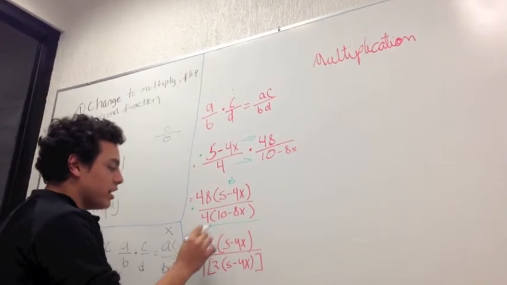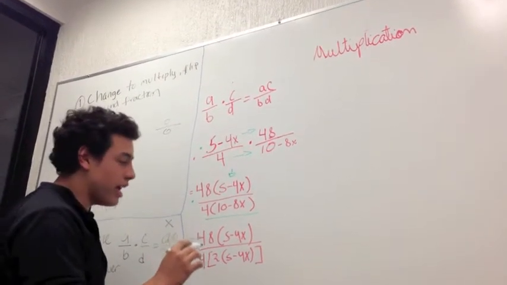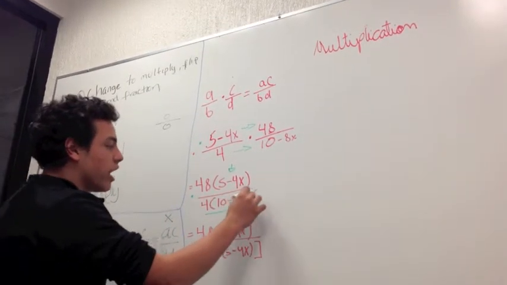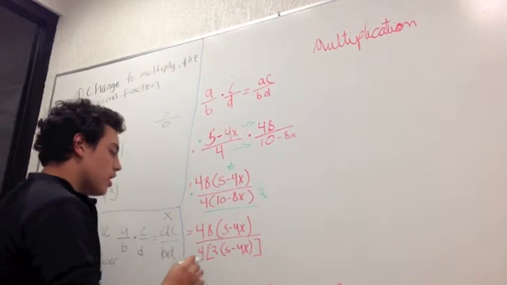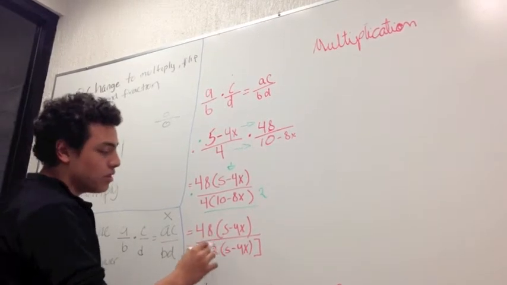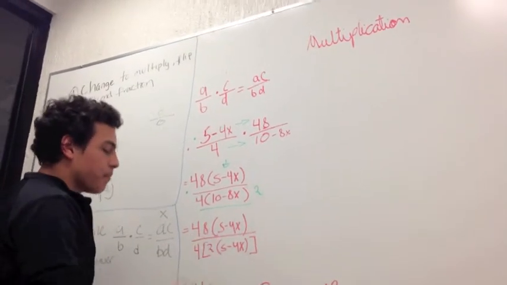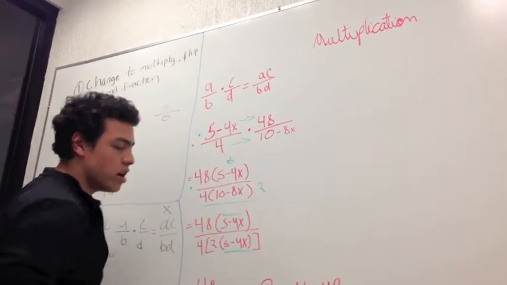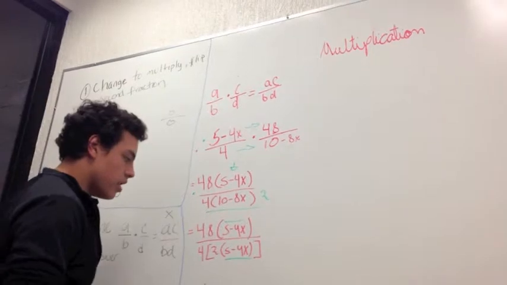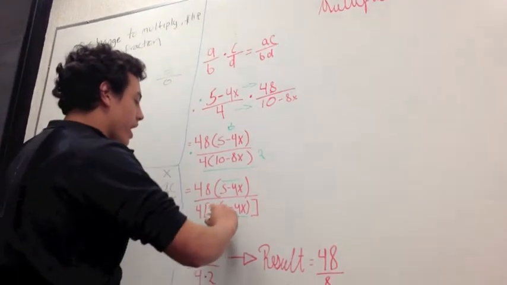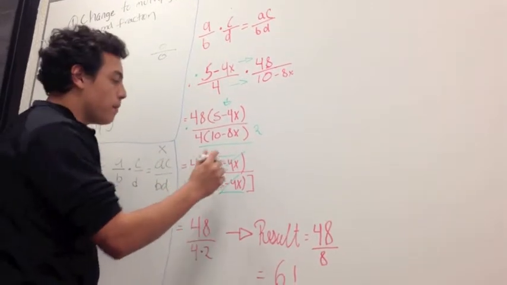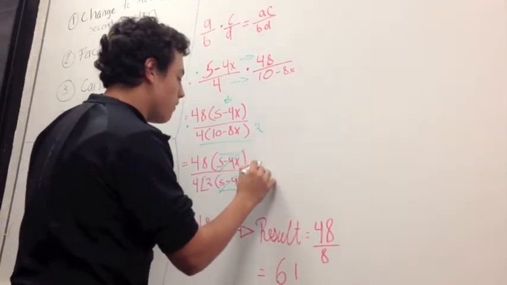So we have 48 times 5 minus 4x over 4, and we will factor out a 2. So we have 2 times 5 minus 4x. As you can see, this term and this term are equal. So we can go ahead and cancel this out, because they are both a factor of a term.